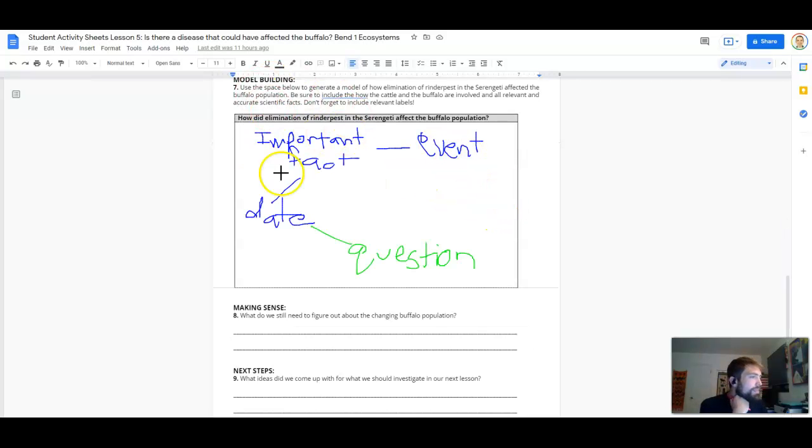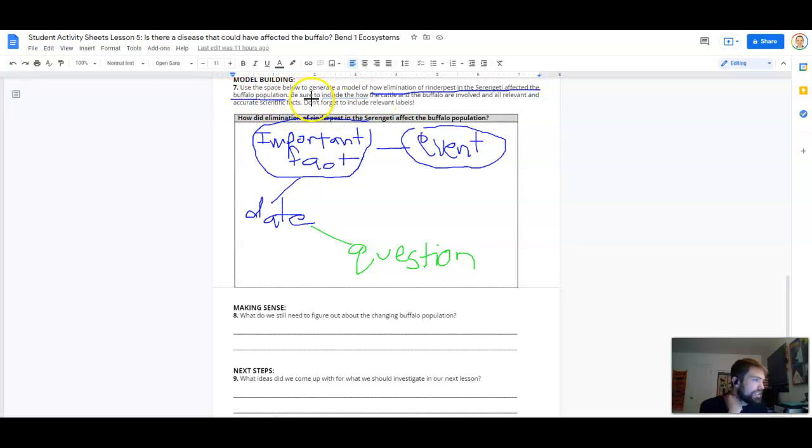In the model, this is just a very rough idea, but you'll have your important facts, tie them to what events, and brainstorm the ideas. This is a model to show how the elimination of rinderpest in the Serengeti affected the buffalo population.